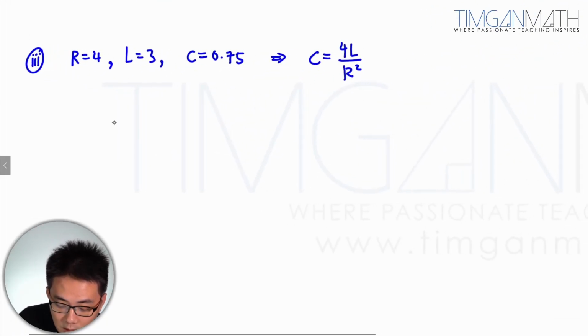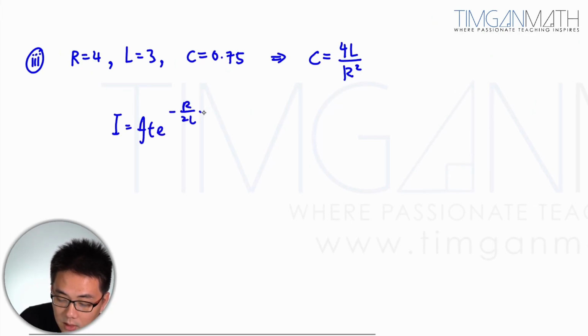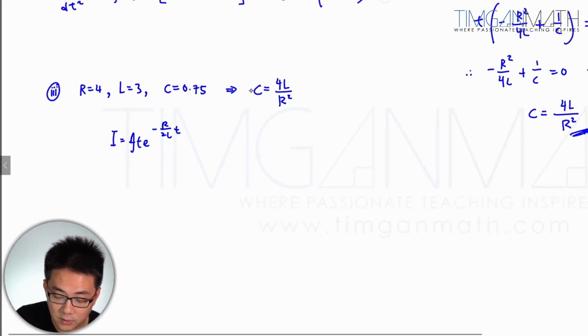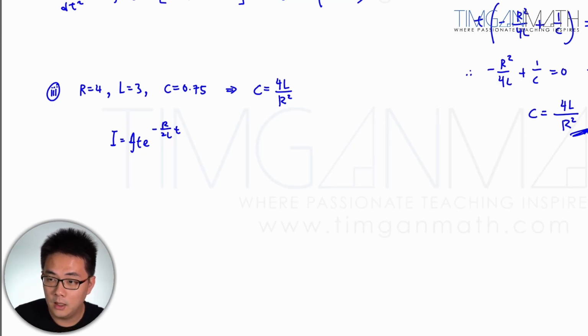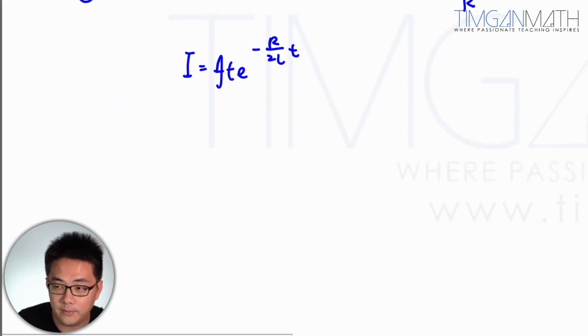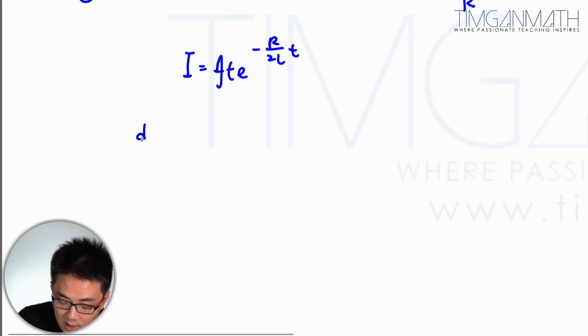So in other words, you're looking at i equals a t e^(−r/2L · t) as the current. Because if you satisfy this equation, it means this is the solution to the differential equation. You need to find the maximum value of i in terms of a. Great. So in other words, you want to find di/dt at the stationary value.